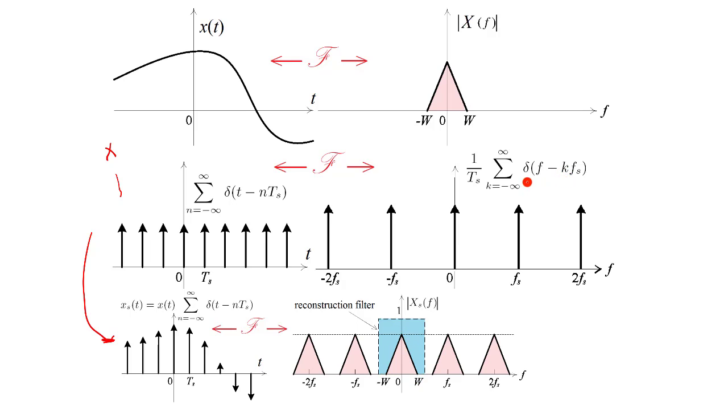For k equal 1, you convolve X of f with delta of f minus fs. That means that you shift it. So whatever is at frequency 0 will be at frequency fs. And then you add them together. So you will have this Fourier transform of the signal plus all its replicas equally distanced with fs.